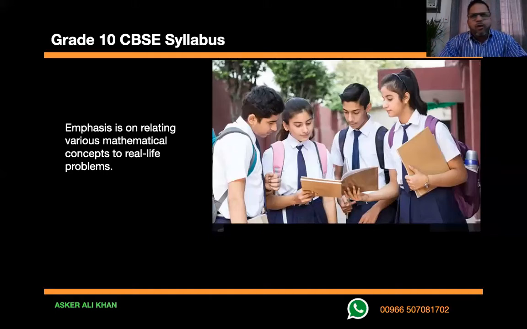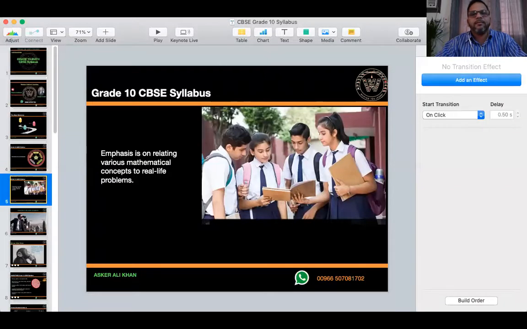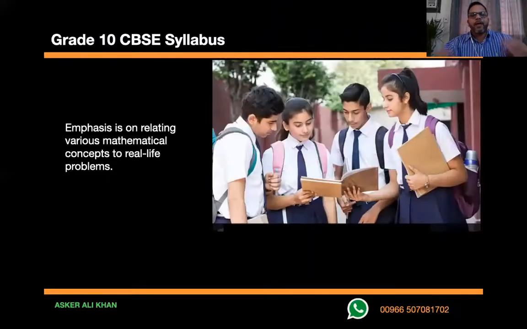For example, that really makes sense, because when you go to a shop, you're not going to ask, if x plus 5 is equal to 8, what is the value of x? Are you, students? I think you're muted. No, you're not going to ask that, right? So it is very relevant that the board has emphasized relating the various mathematical concepts to real life problems.